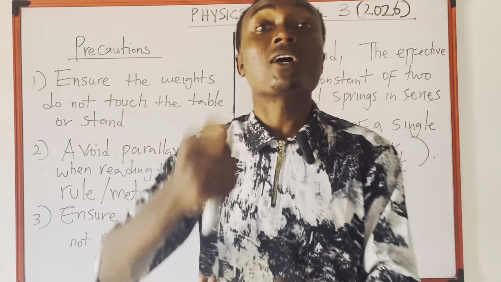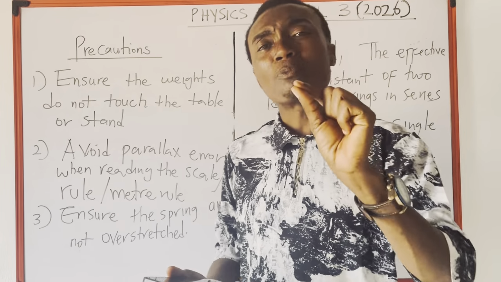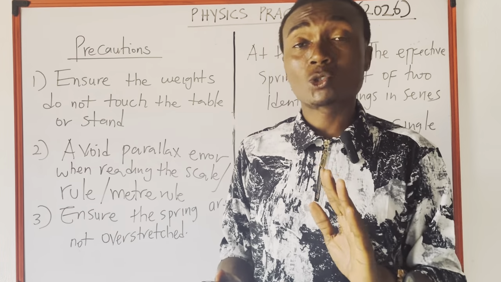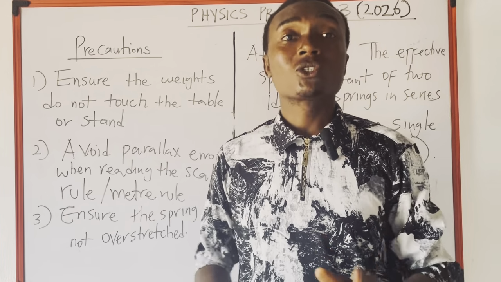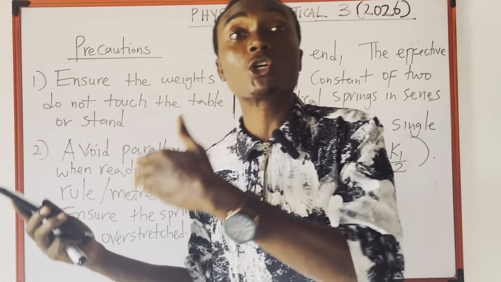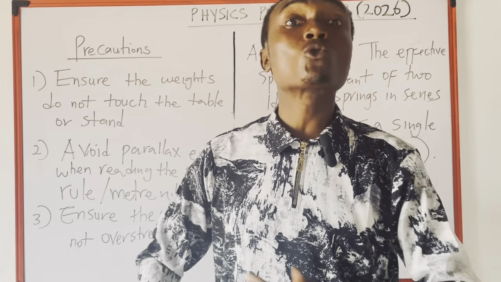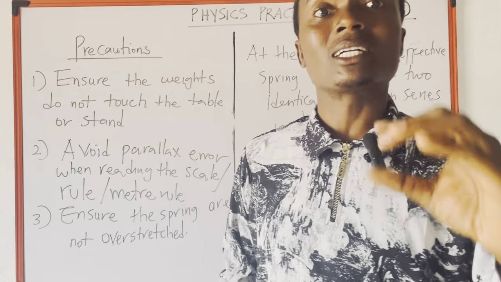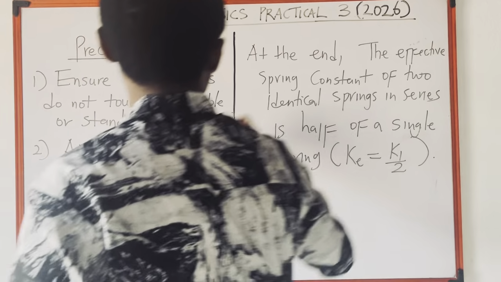If the spring is overstretched, it's not making sense. You don't really get the proper reading. So avoid it totally. It should be a new spring that I've not used at all. That's why sometimes in this practical, once they give this yellow paper, people rush to go and get new things. They don't use the one that is already in the lab or that I've used over time. They get new things and they start using it. Okay? Now, let's move to the fourth one.